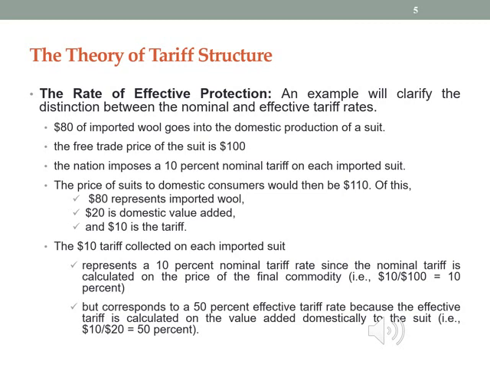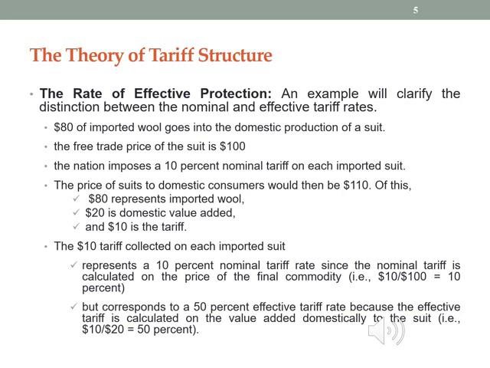So as you can see here, this is a case where we have the effective tariff rate higher than the nominal tariff rate due to the imposition of a tariff on the final commodity, which is the suit, which is higher than the tariff imposed on the imported inputs, because here we have zero tariff on the imported inputs.